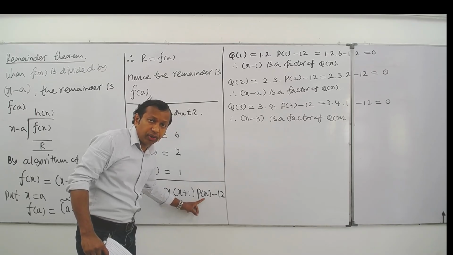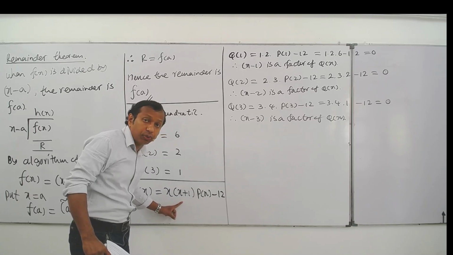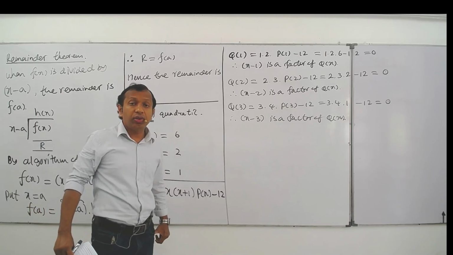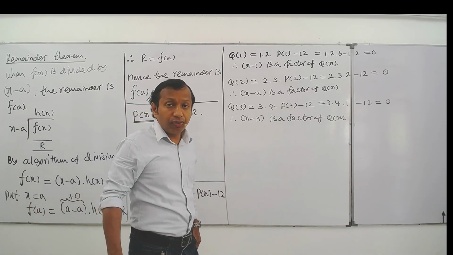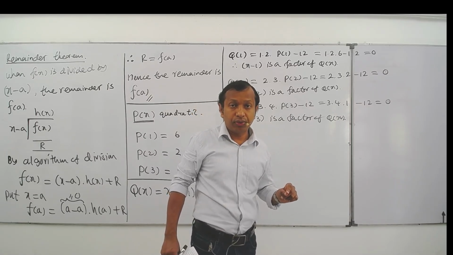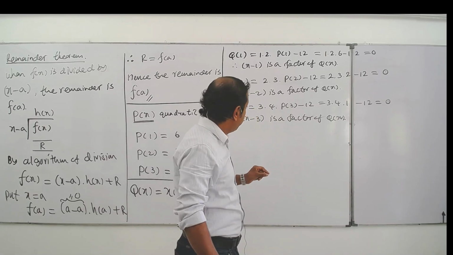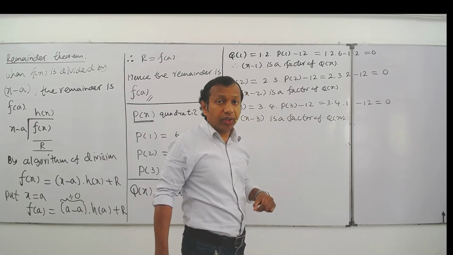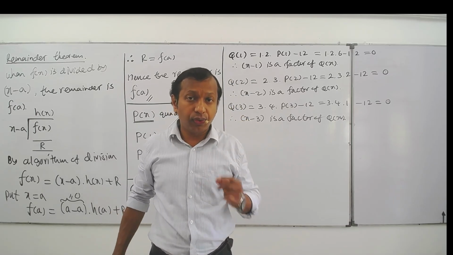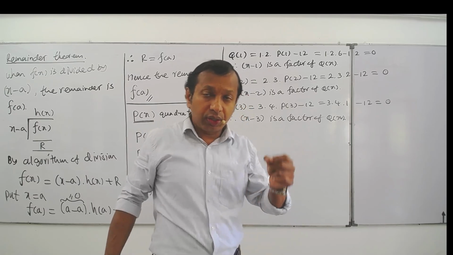When you multiply two second degree polynomials, that product will give us a fourth degree polynomial. That means this q(x) should be a fourth degree polynomial. Therefore, q(x) should have 4 linear factors. But here we found only 3 linear factors, x minus 1, x minus 2, x minus 3. Therefore, q(x) should have one more linear factor.